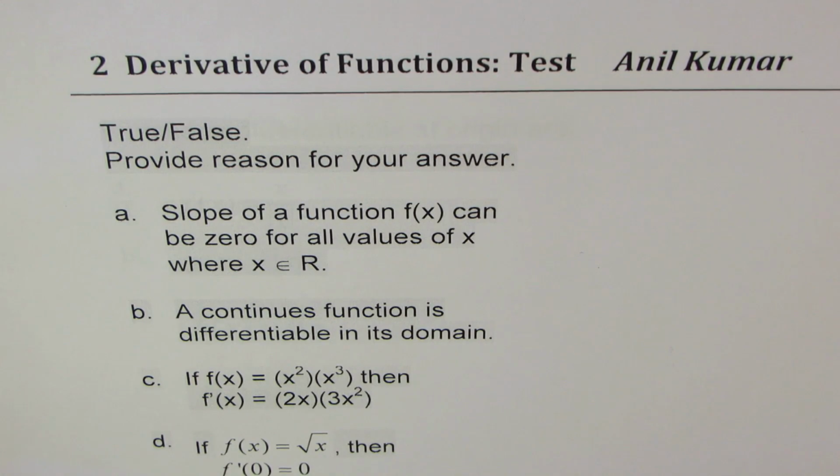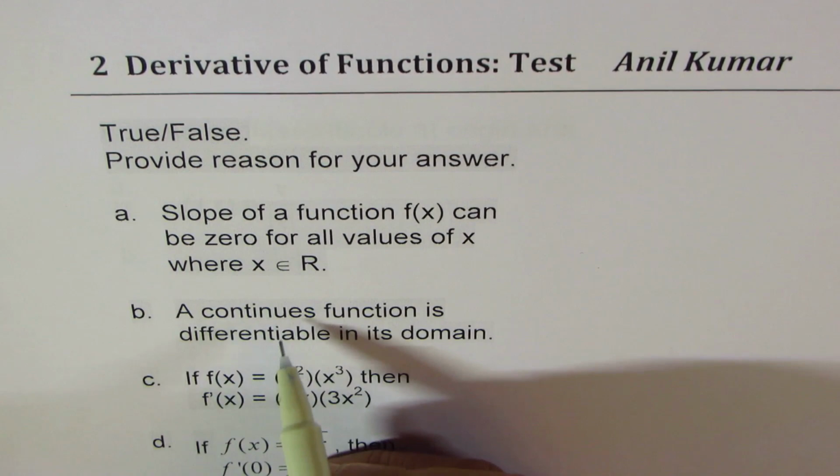Next question here is a true or false question. You need to provide reason for your answers. The first one is, slope of a function f of x can be 0 for all values of x where x belongs to real numbers. B is, a continuous function is differentiable in its domain.